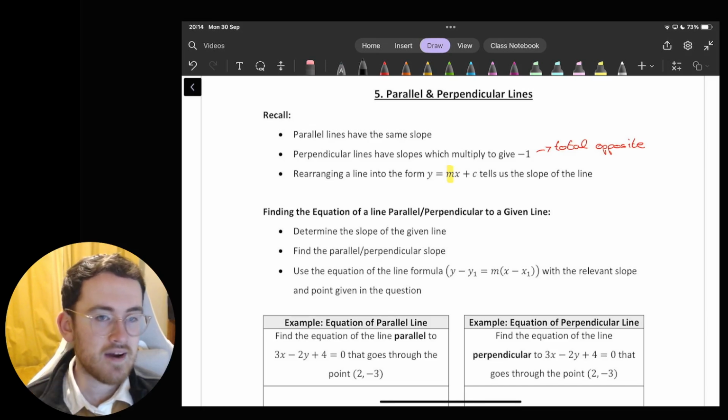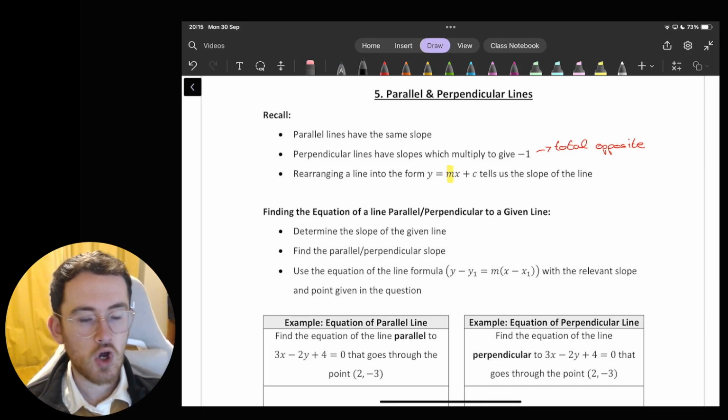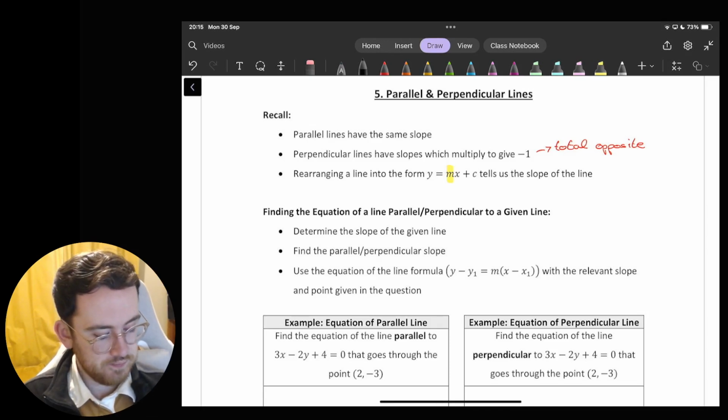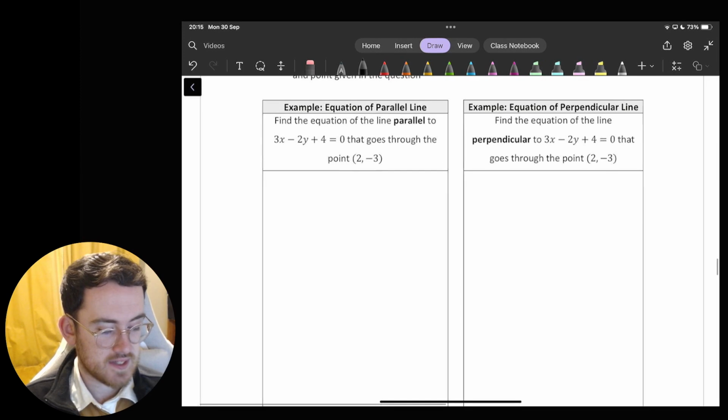The line could be parallel to a given line through a particular point, or perpendicular through a particular point, or perpendicular through the midpoint. There are loads of different ways that the question could be phrased, but just being careful, same as we had with finding the equation generally, making sure we find slope and point in the correct way. So let's just apply that to an example or two here.